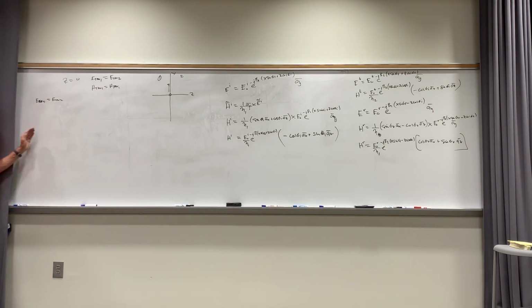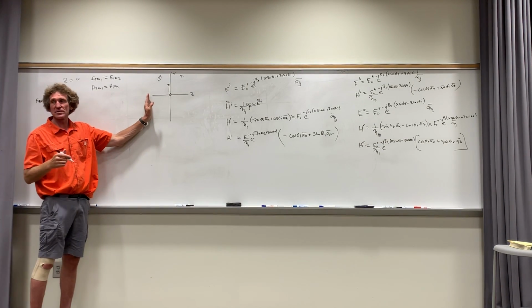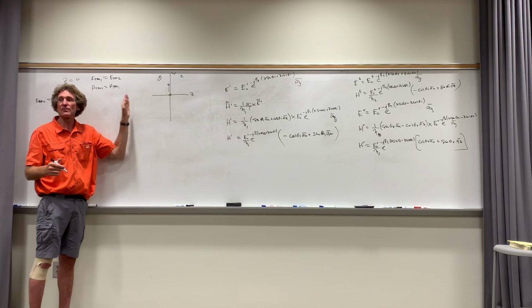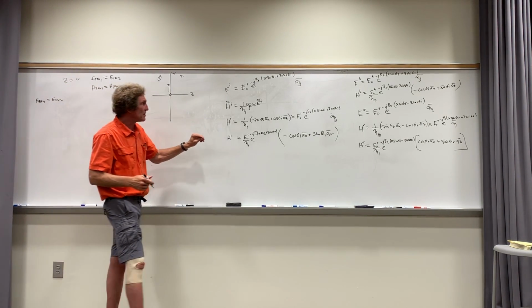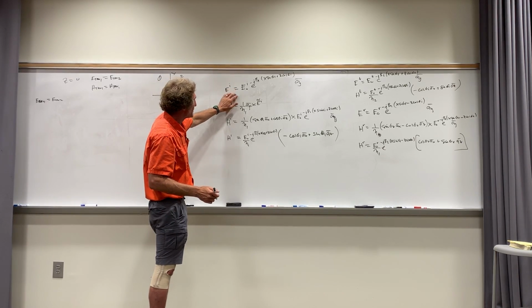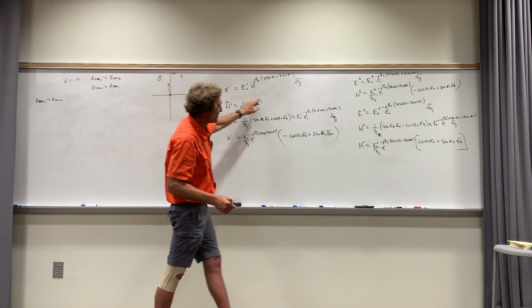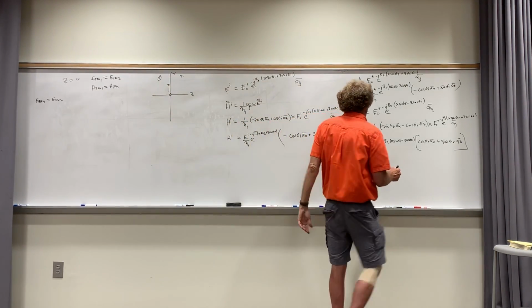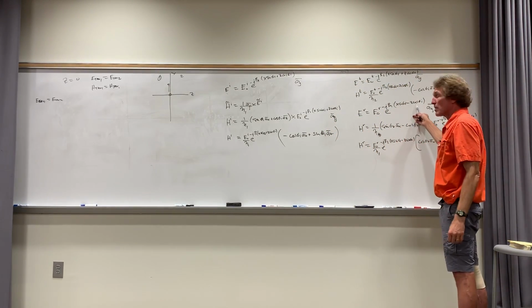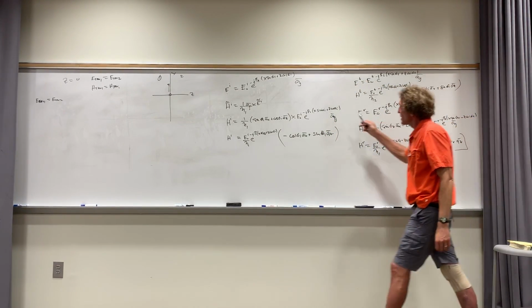This is important. In region 1, we have two electric fields that we have to worry about, the incident and the reflected. You follow me? The incident is in the y direction, and the reflected is in the y direction. If z is equal to 0, I can get rid of the z terms.